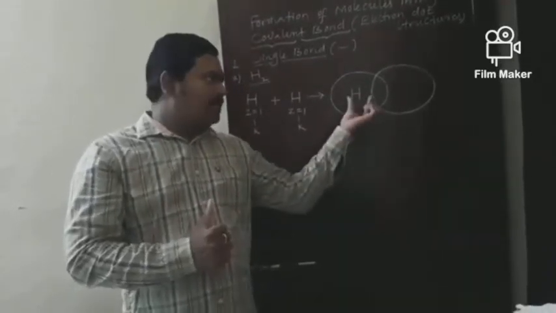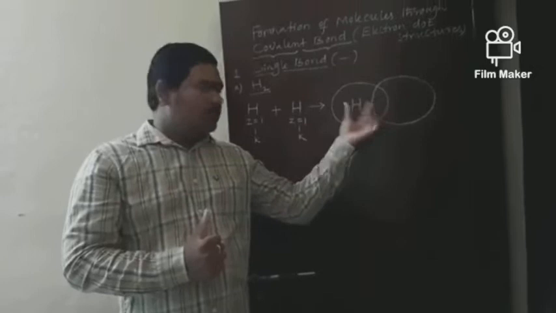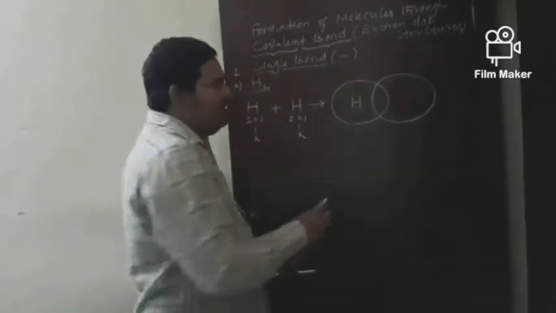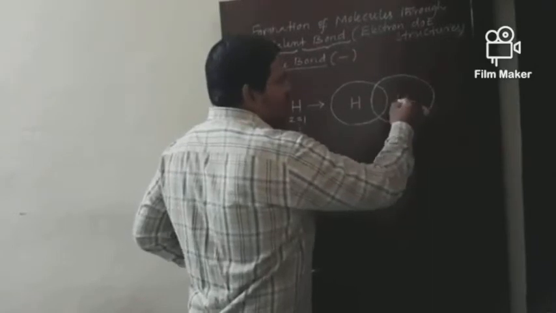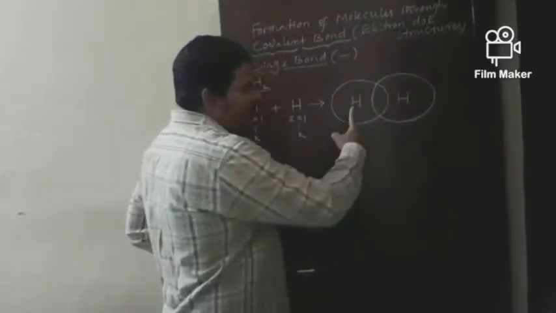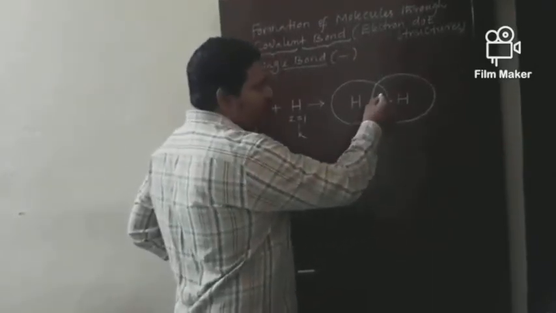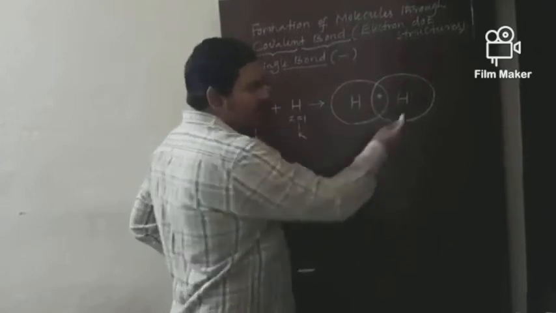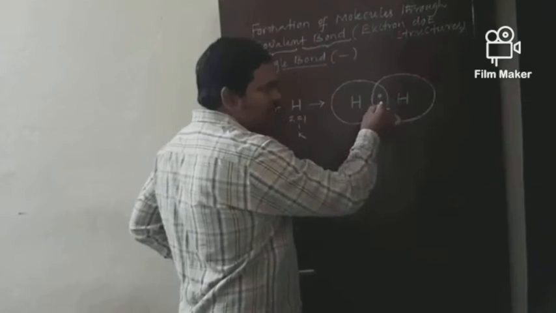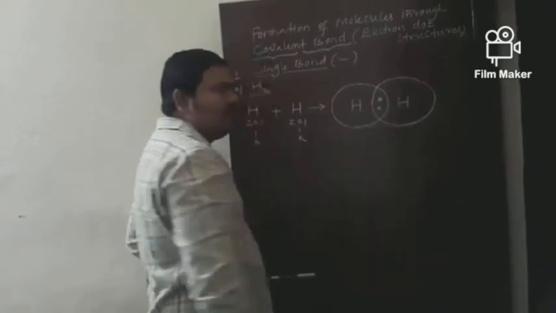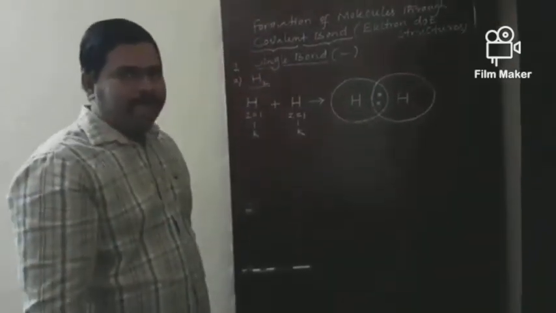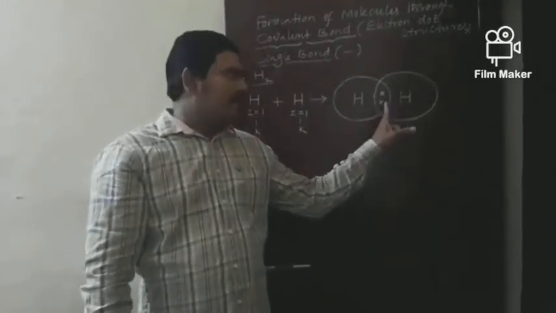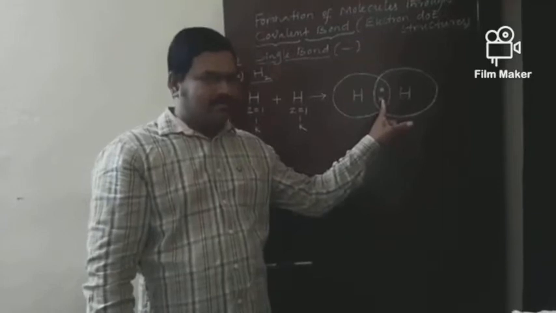So at appropriate internuclear distance, both the atoms are interacting or overlapping. Now this is for the second hydrogen. This hydrogen contributes one valency electron for the shared pair, and this hydrogen also contributes one electron from the outermost shell. Now the first electron is represented by a dot, the second electron is represented by a cross.